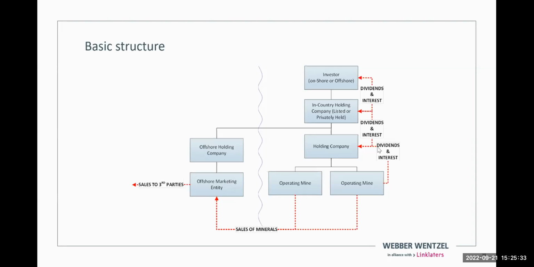I think when we're talking about corporate tax, it's also quite important to appreciate the different levels or the different composition of income that each entity will have. So at the operating mine level, we've discussed the fact that it will earn revenue from the sales of minerals to its offshore marketing entity.